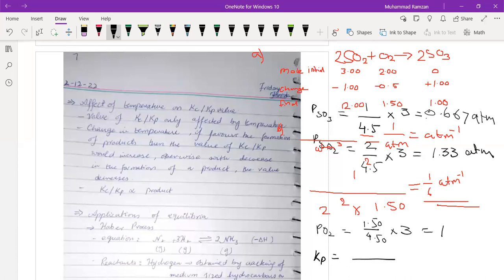You simply write P raised to power 2 for SO3, P of SO2 raised to power 2, and P of O2 raised to power 1. This is the expression. Now you put the values.